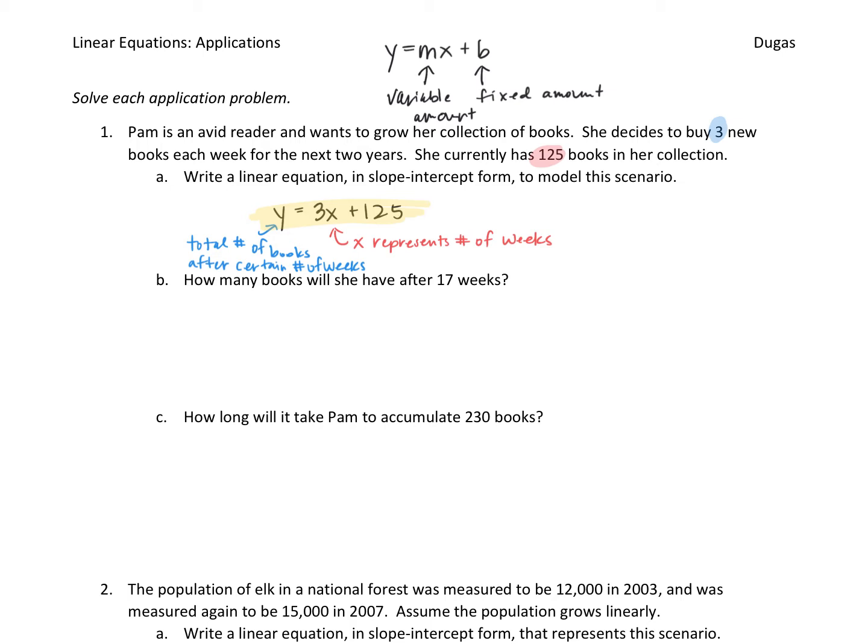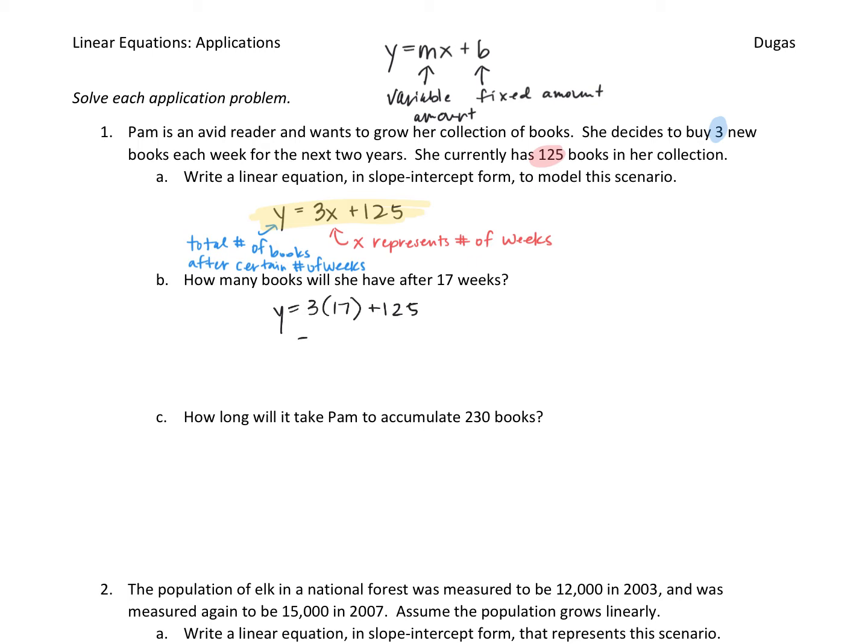So part B, how many books will she have after 17 weeks? So the weeks, we just have to figure out where we're going to plug the 17 in. That's what it boils down to. Is it x or y? x represents the number of weeks. So that's where we're going to plug in the 17. So this will be y equals 3 times 17 plus 125.